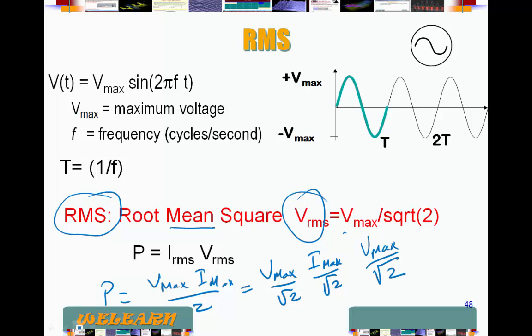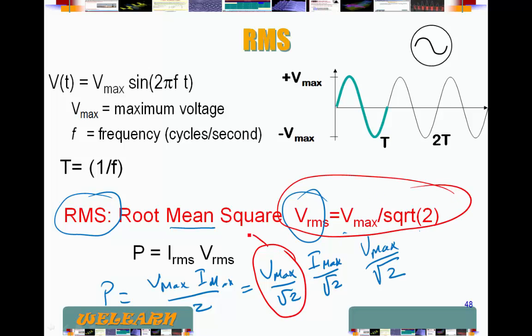Now, V max over square root of 2, using this definition here, we just call it V RMS, V root mean squared, and I max over square root of 2, you guessed it, we call it I RMS. Multimeters that you use in lab, that's what they measure for us.